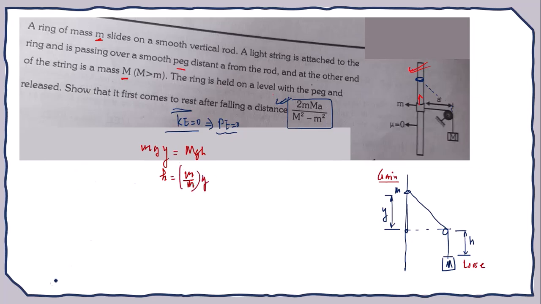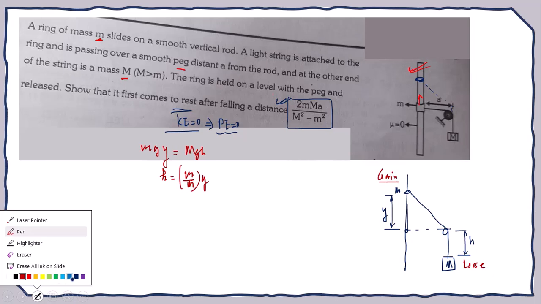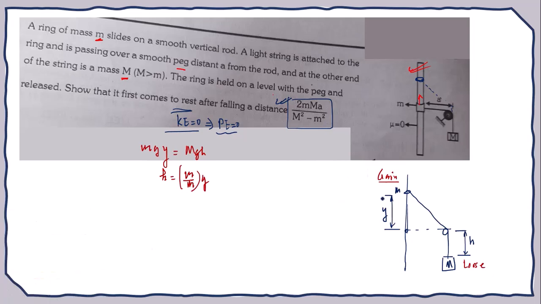Now let us make another equation between y and h. Let us say this length is L. Initially the gap between these two things is a. So h can be written as L minus a. This is the length that the capital M has dropped below the horizontal line.